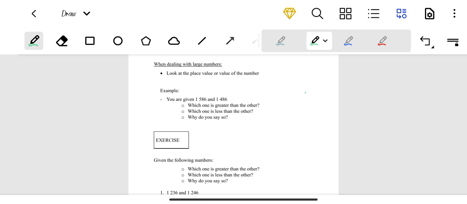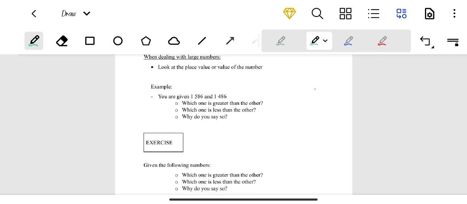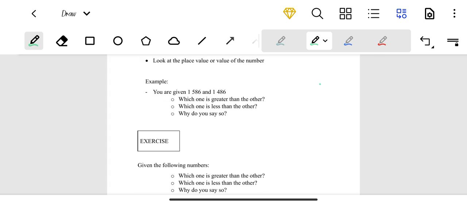So let's say an example which is given down here. You are given 1586 and 1486, but which one is greater than, which one is less than, and why do you say so? So I want us to put it like this: 1586, the next one is 1486.